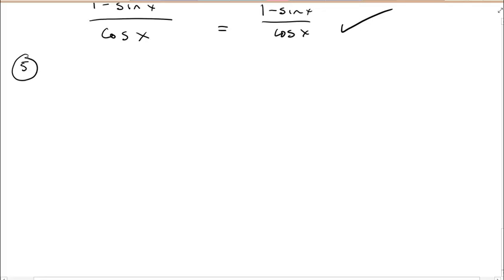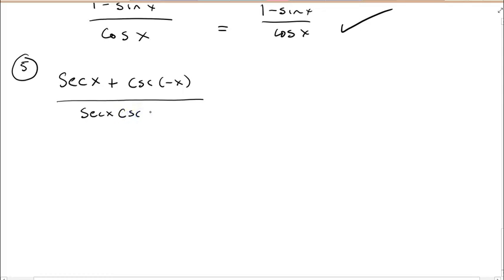Let's do this one. Secant x plus cosecant of negative x over secant x times cosecant of x equals sine x minus cosine x.